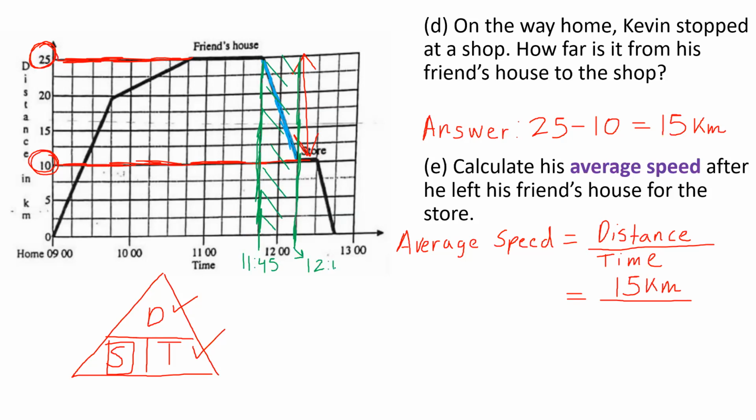So he left his friend's house at 11:45 and he arrived at the store at 12:15. Do you all understand that? Let me know, please. Yes. So he left his friend's house at 11:45. He arrived at the store at 12:15.